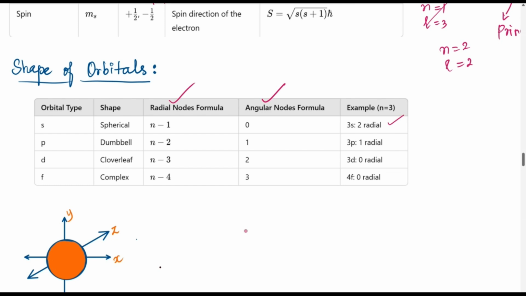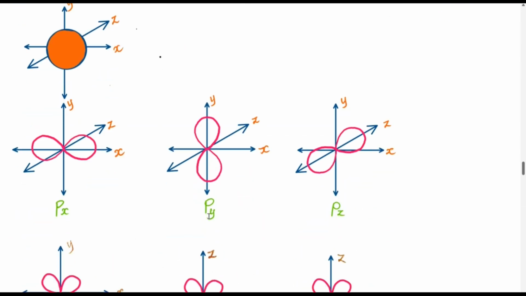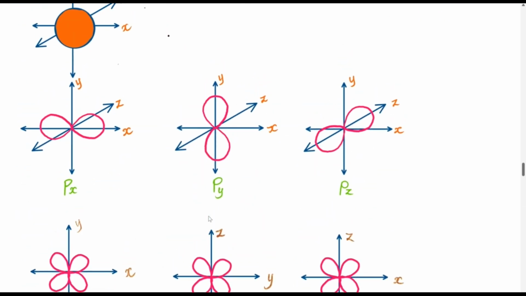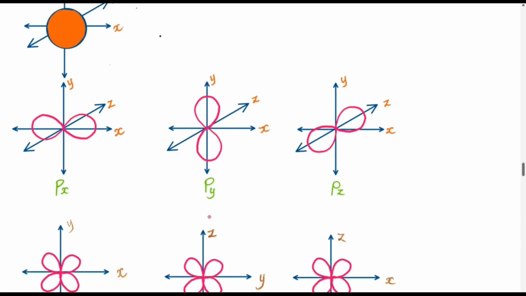Okay. Similarly for the p, that takes dumbbell shape, as you can see here. And you have to observe one thing, in dumbbell shape, these are going across the axis.